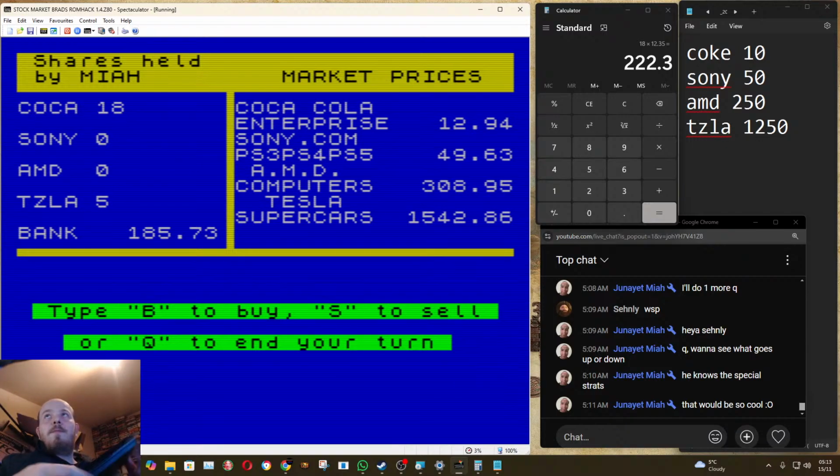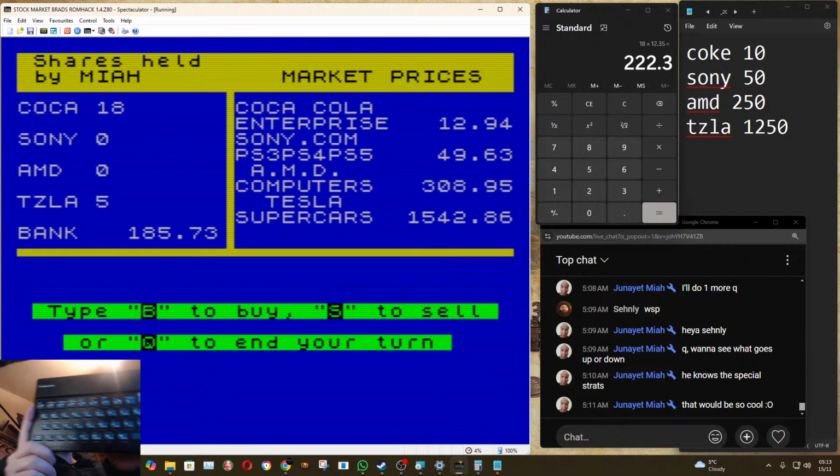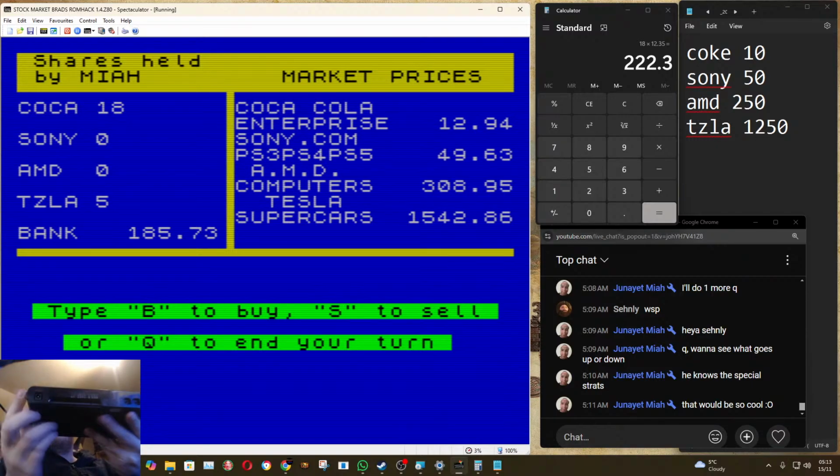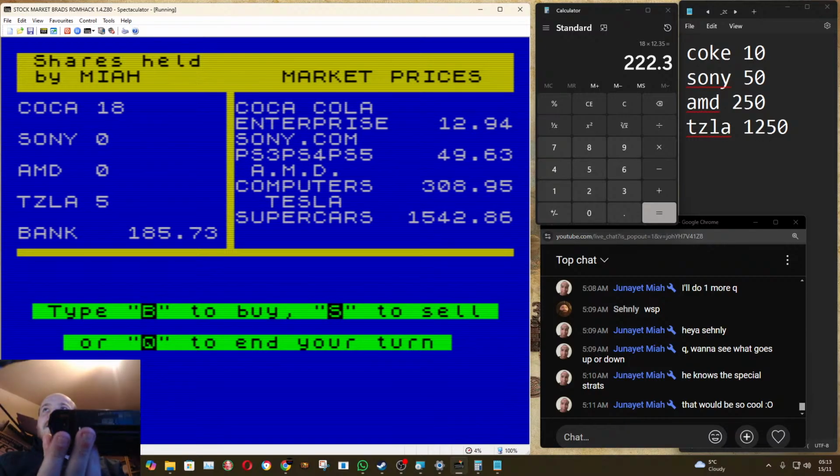So, here it is. And this here's the power port. And this here's the video port, right? That's all you get.